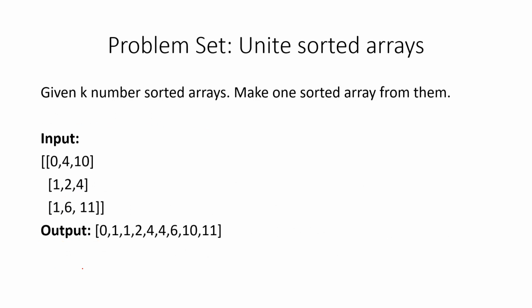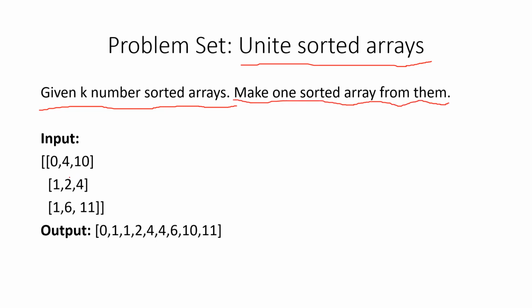So next is a problem. It's called unite sorted arrays. Given k sorted arrays, you need to build one sorted array from them. As you can see here, there is the input. It's a two-dimensional array. It has three one-dimensional arrays, and from this you need to build one one-dimensional sorted array.